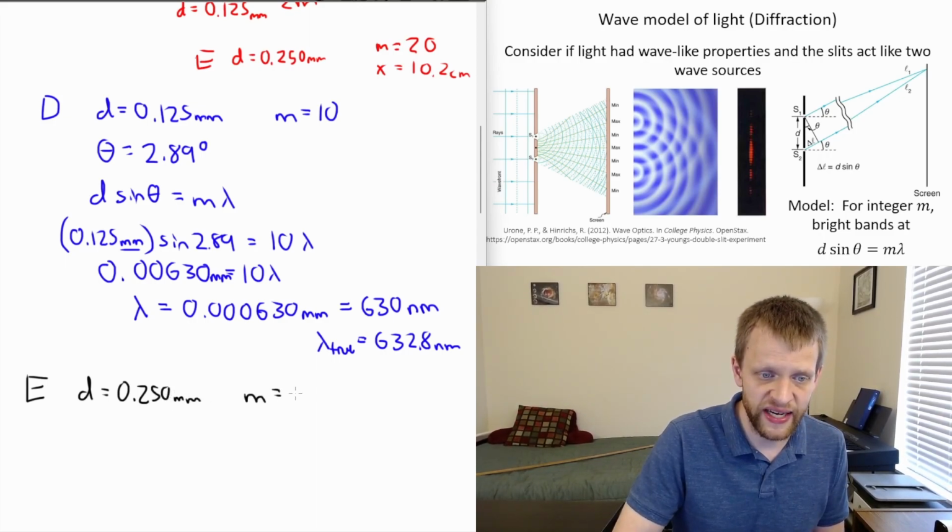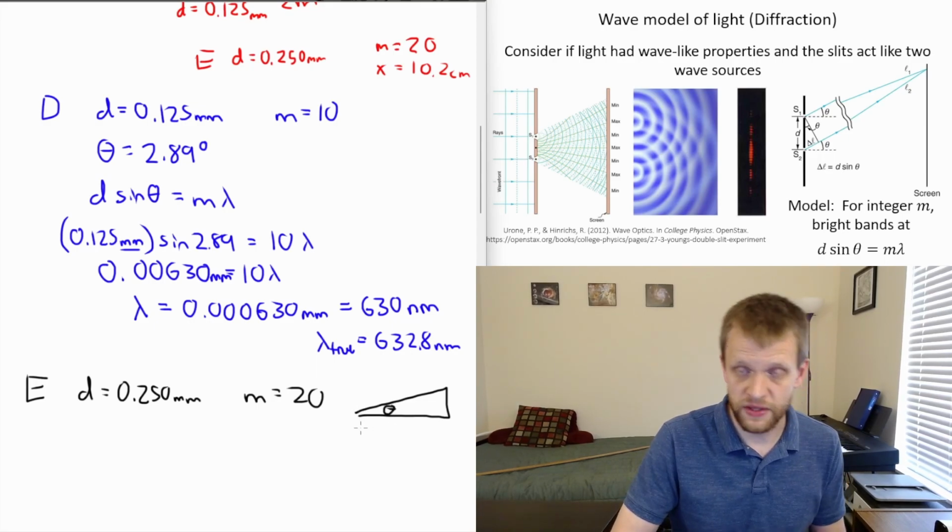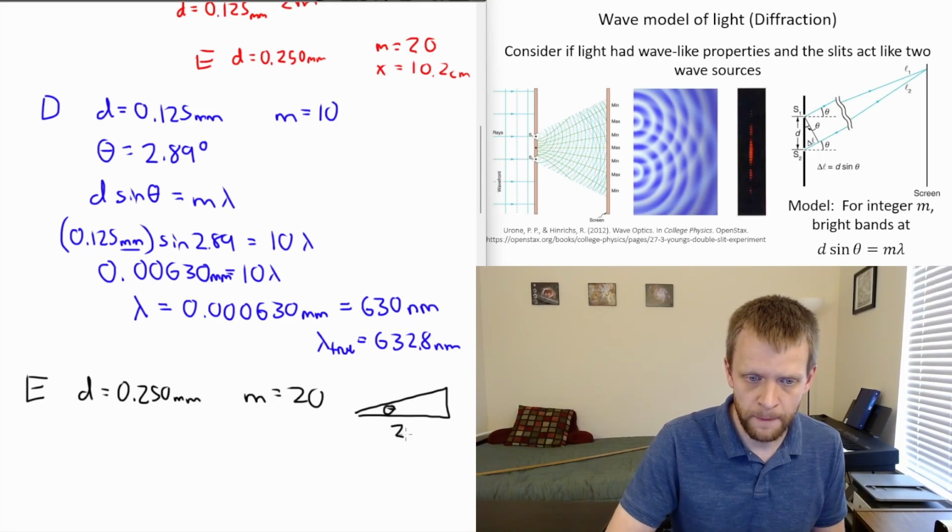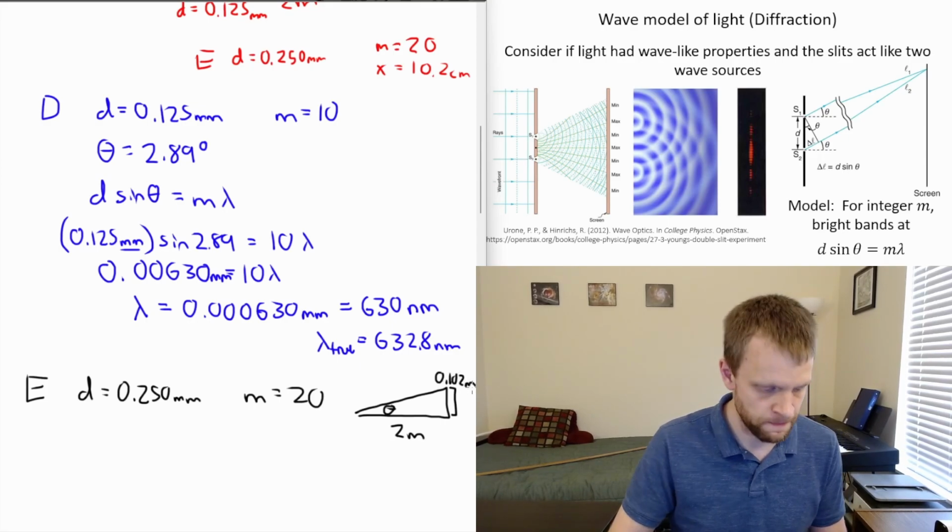In this case, we were looking at n equals 20. And for measuring that angle, the screen was still 2 meters away. The distance along the screen, we said that was 10.2 centimeters, so 0.102 meters.